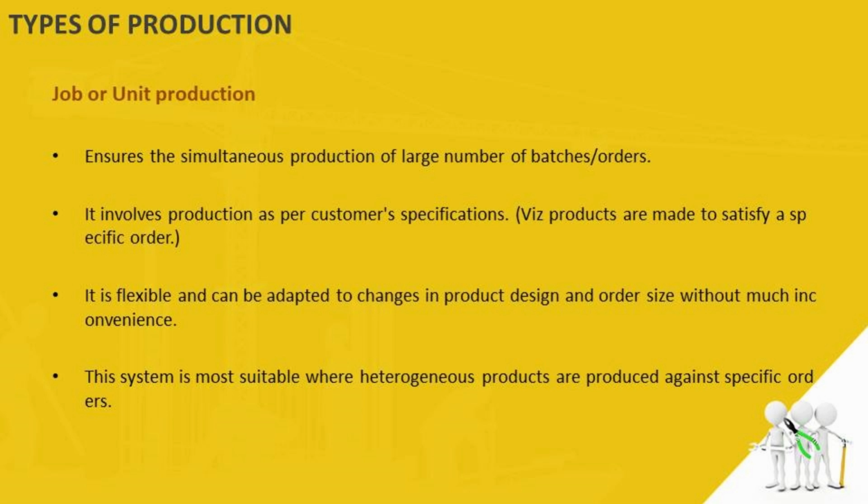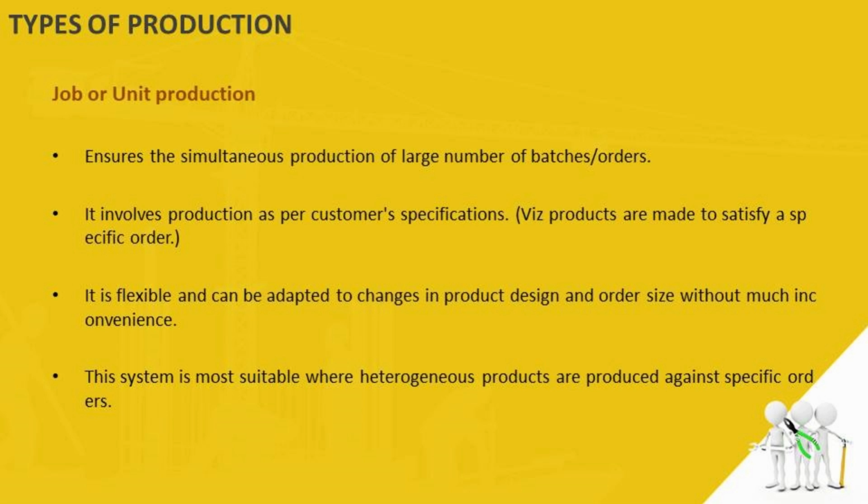It requires comparatively smaller investment in machines and equipment. It is flexible and can be adapted to changes in product design and order size without much inconvenience. This production system is most suitable where heterogeneous products are produced.